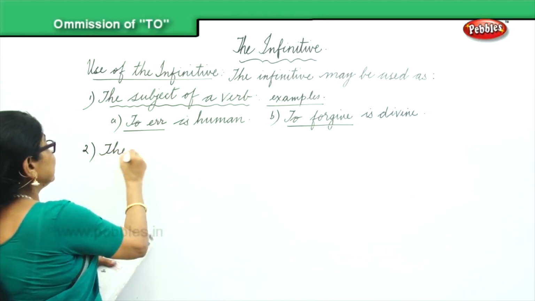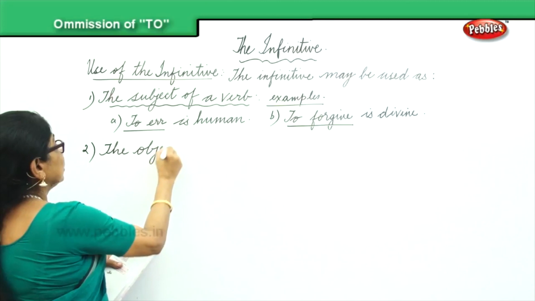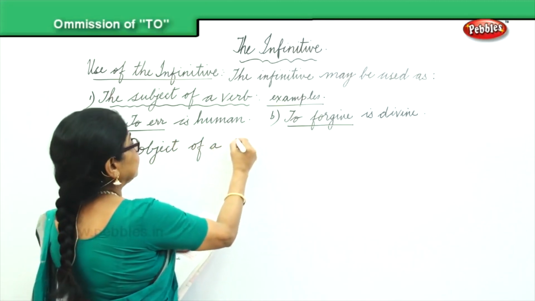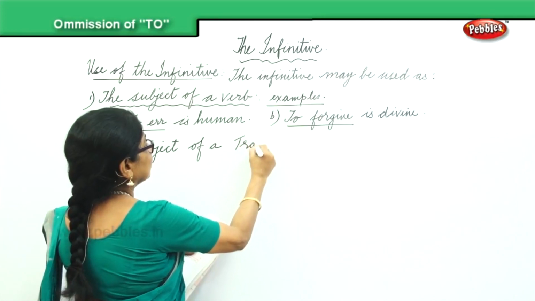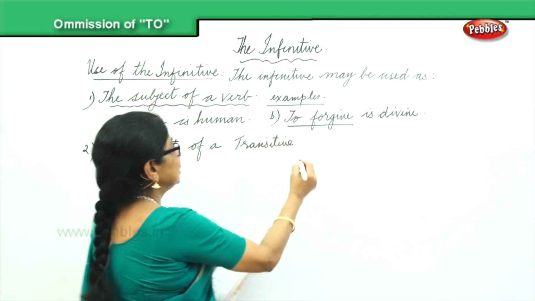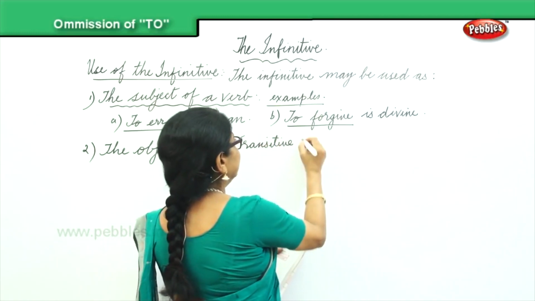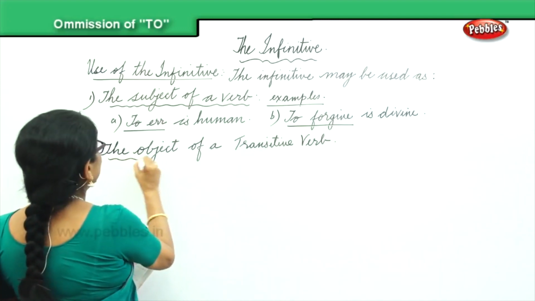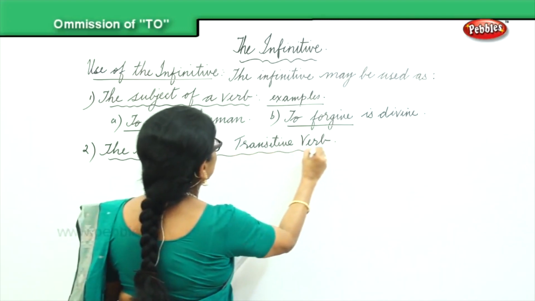The object of a transitive verb. The second one is the object of a transitive verb.